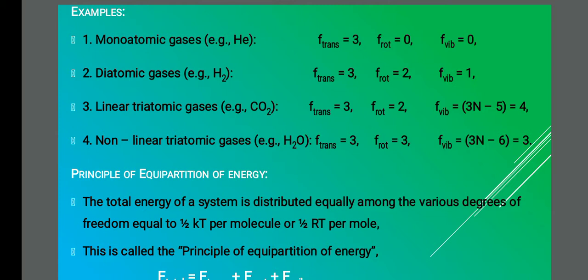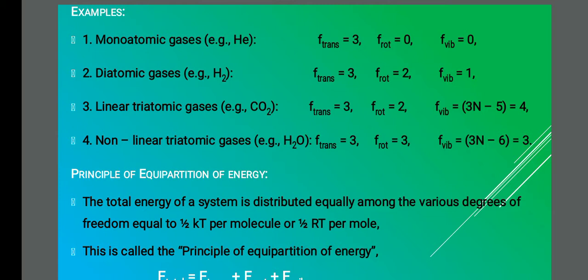So there won't be any rotation. It won't rotate. Only one atom is there. Nothing to rotate. So F rotational is equal to 0. And coming to F vibration, since it is a monoatomic molecule, F vibration is also equal to 0.